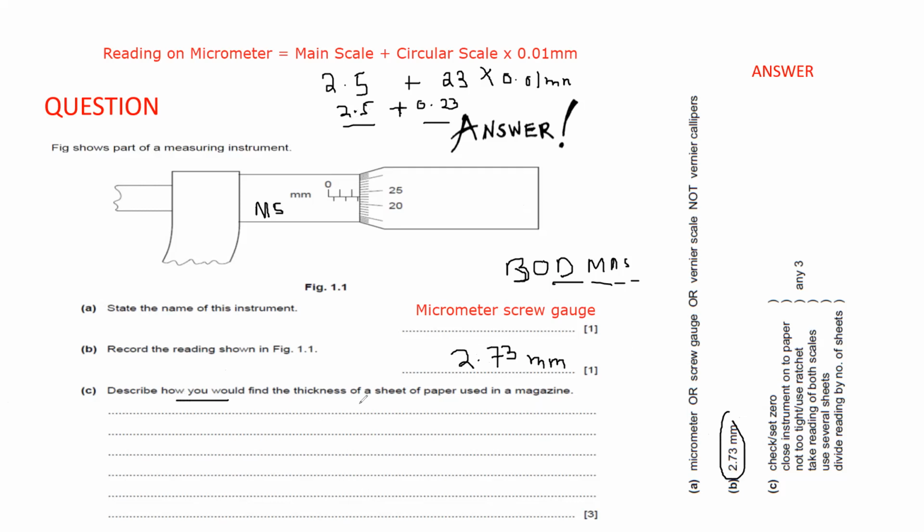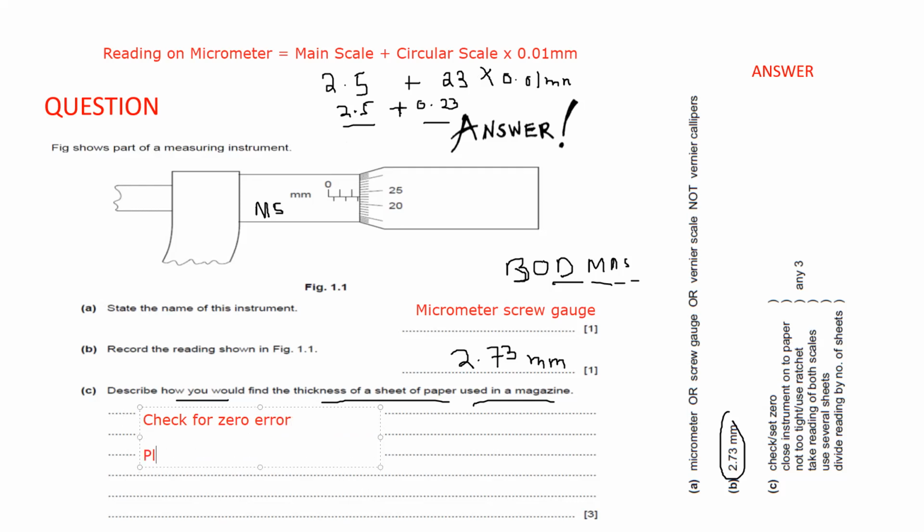Then again a similar question. Describe how you would find the thickness of a sheet of paper used in a magazine. So how can we find the thickness of paper used in a magazine? First thing, whenever you are using a micrometer, you should check for zero error. That is the first thing.